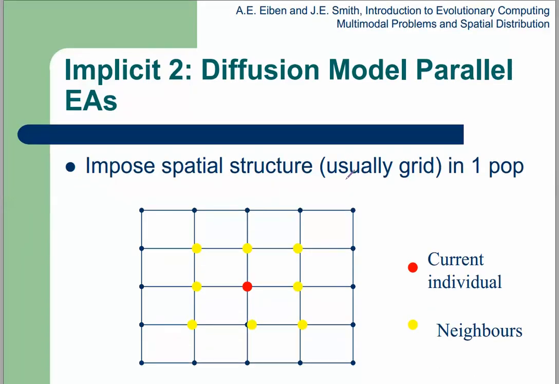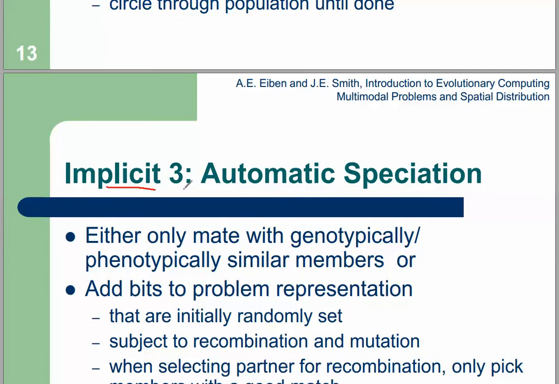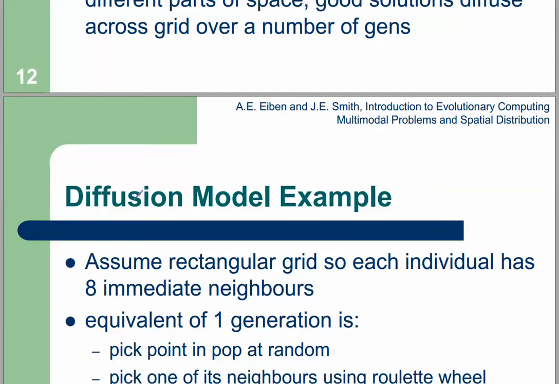So we want to explain two types of EA solving methods. One group is implicit, and another group is explicit. The implicit model is divided into three groups, and explicit into two groups.